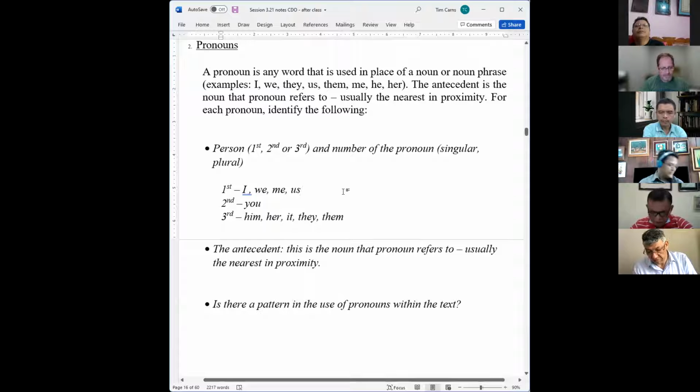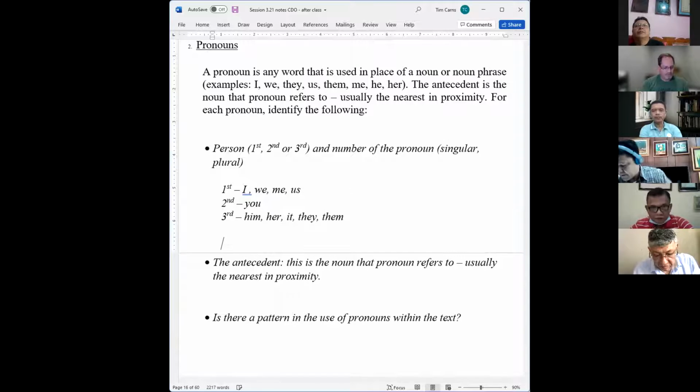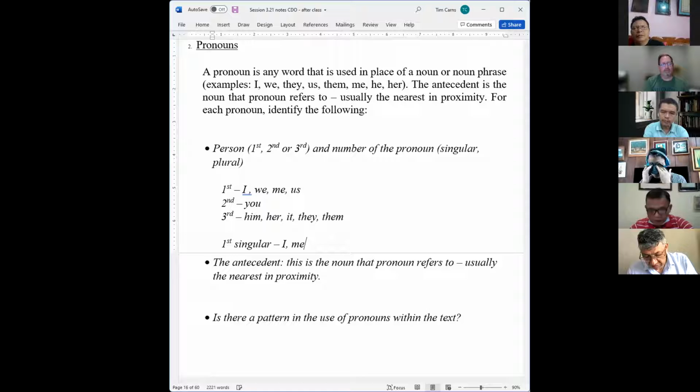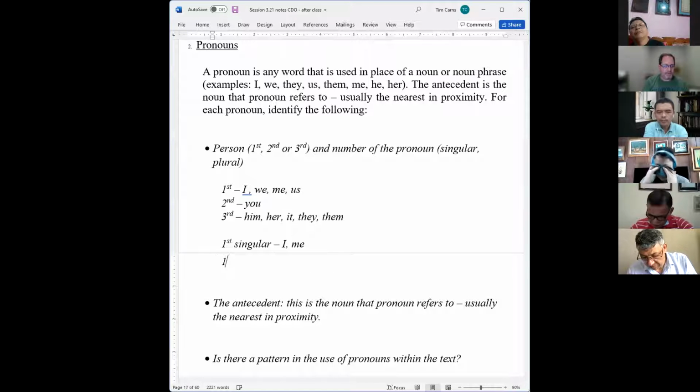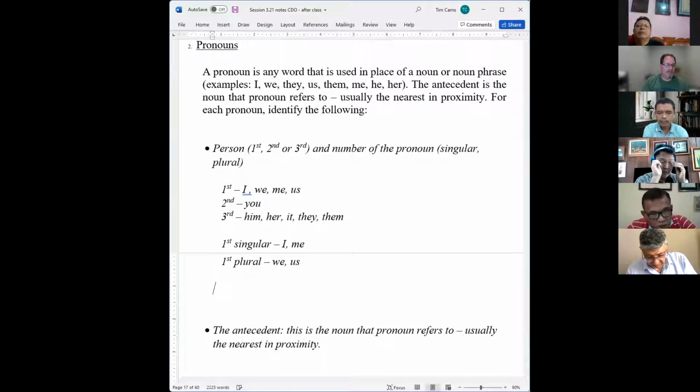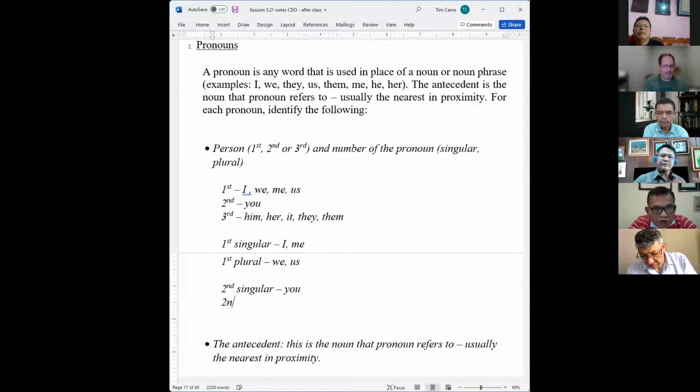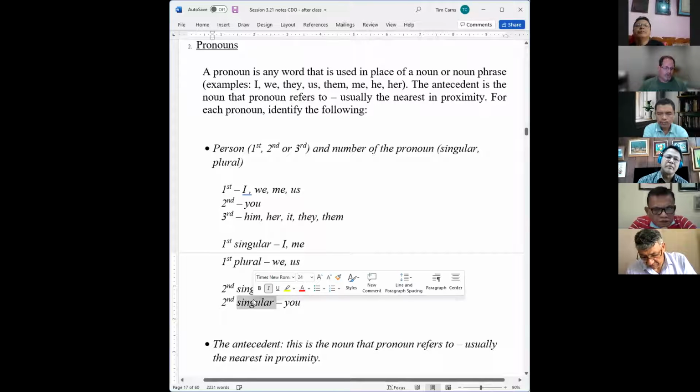Let's do it this way. First person singular would be I or me. First person plural would be we or us. Now second person singular, and here's the challenge in English: there's no way to distinguish whether it's second person singular or plural.